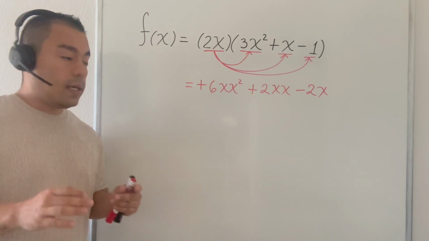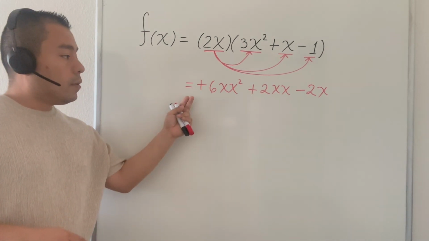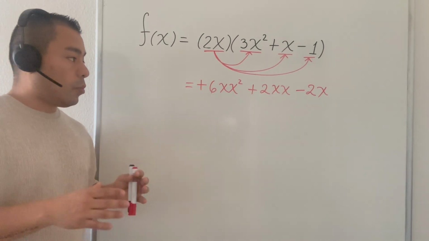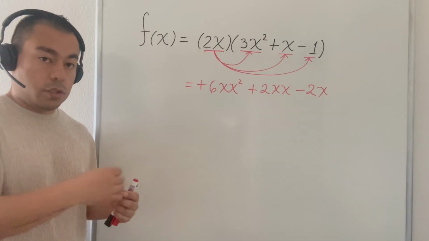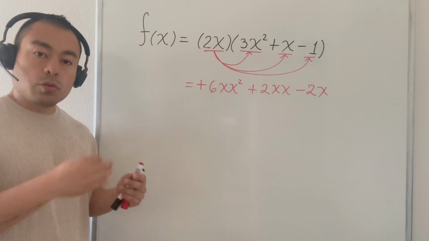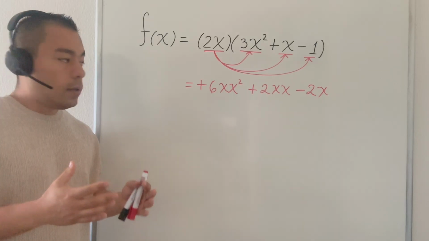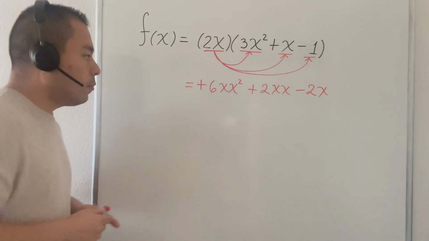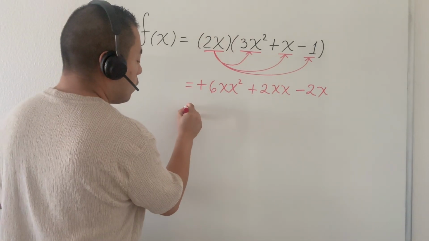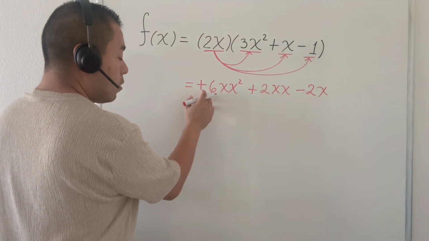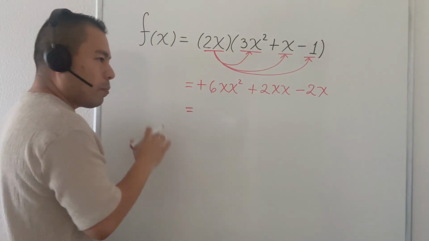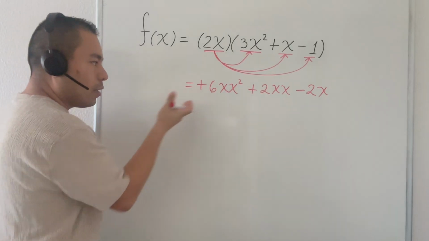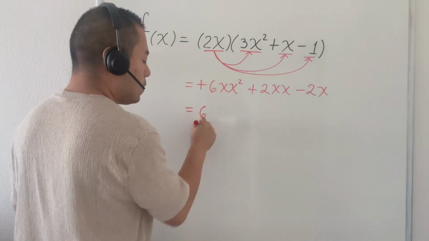The result is this expression here. As you can see, it's an expression that contains x's in each term. What we need to do is to simplify the variables, okay? So let's do that together. The first term is positive, but we normally remove the plus in the first term. So I can just write it as 6.